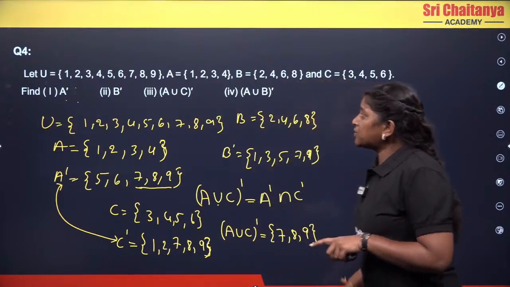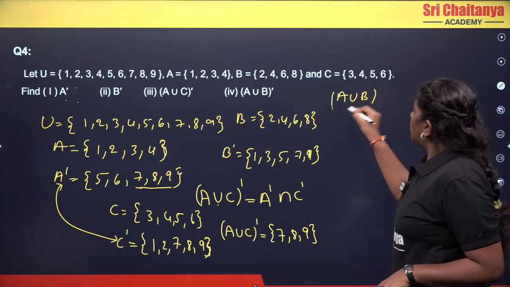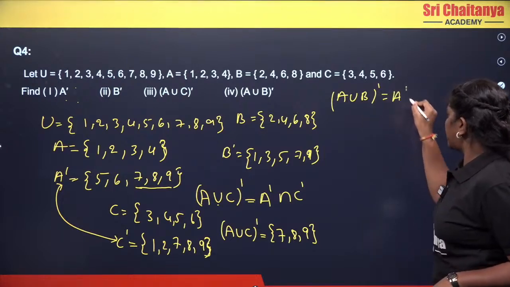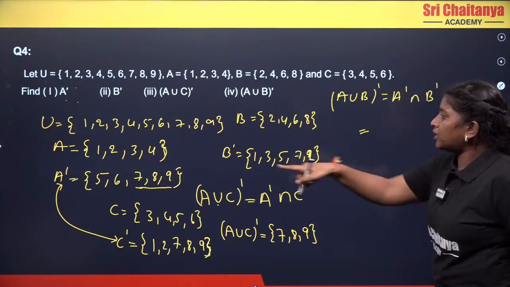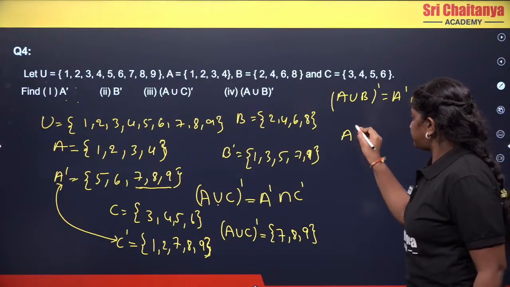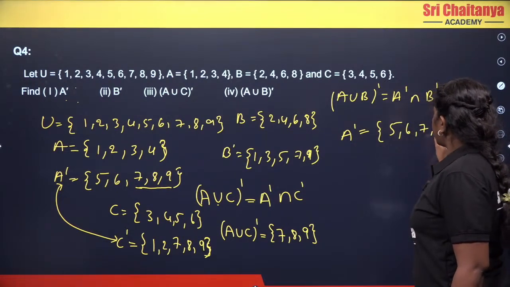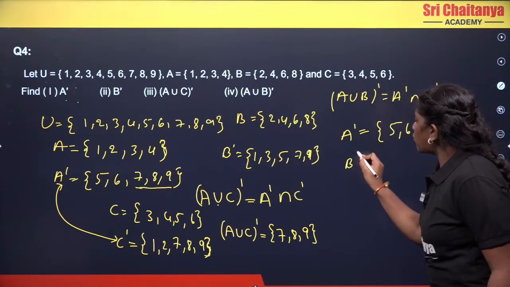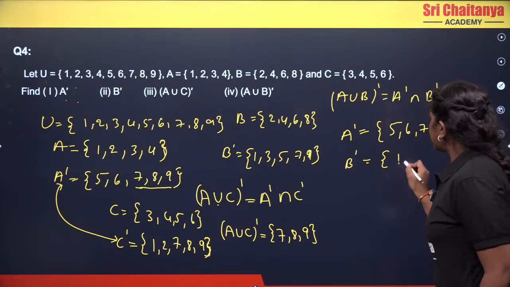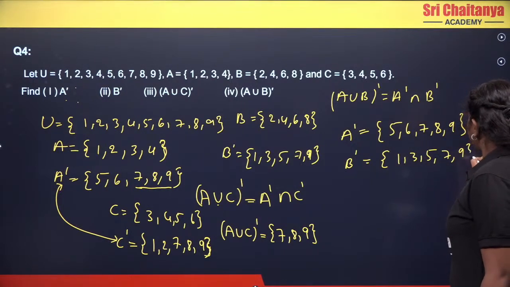The same we can use for the fourth one also. That is, (A union B) whole complement will be equal to A complement intersection B complement. We already know the A complement, which is the set of 5, 6, 7, 8 and 9. And we know the B complement also, which is the set of 1, 3, 5, 7 and 9. Right.